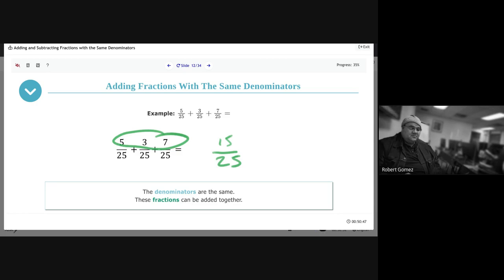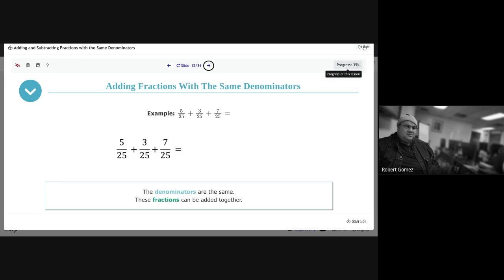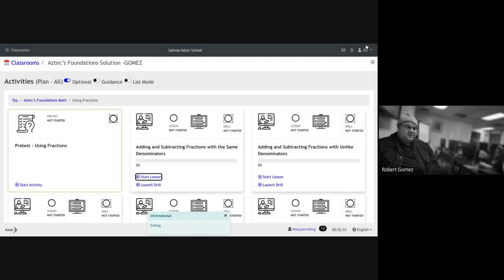Just checking time. Okay, guys. So that's kind of the idea here, as far as adding the same denominators. We'll pick up next week and clean up on the rest.